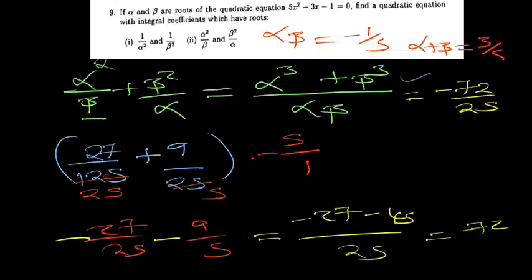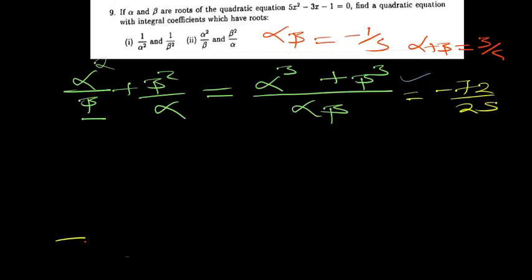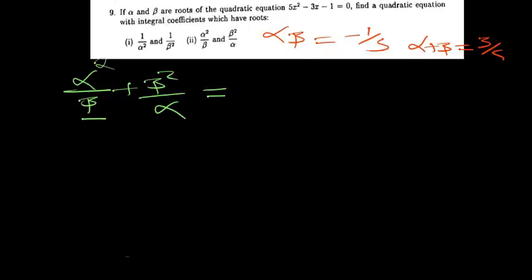Okay. So that's our addition. And then we can now look at our multiplication. So I would want to bring that a bit closer. Negative 72 over 25.